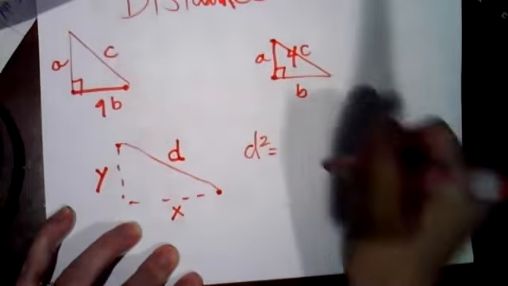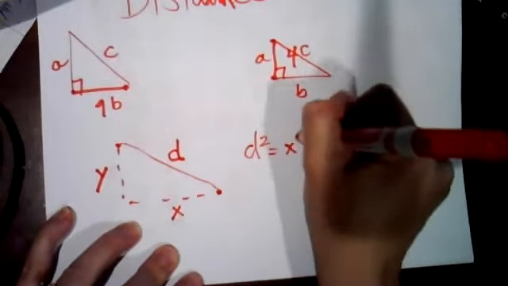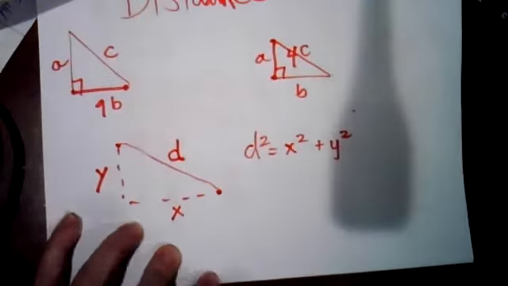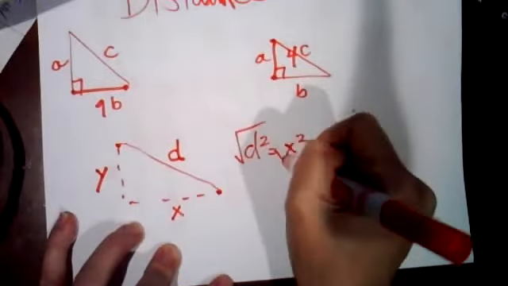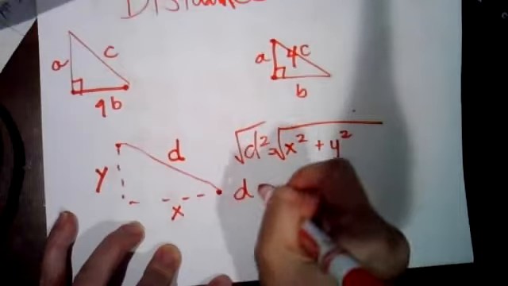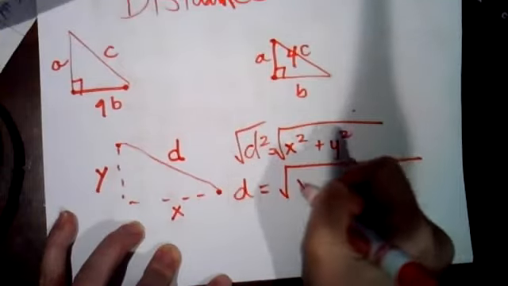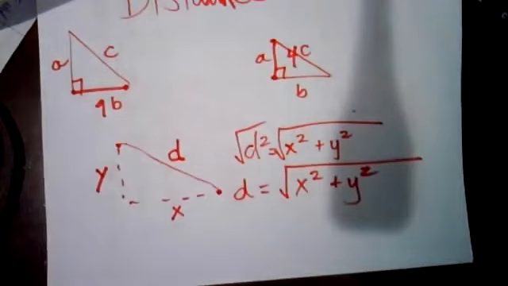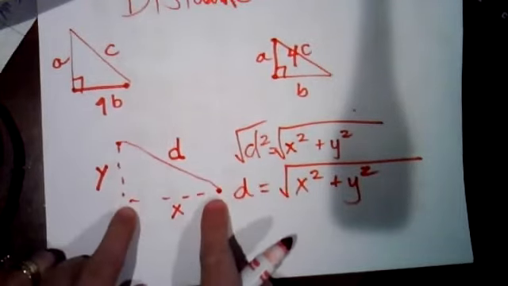Okay, and they are using this formula basically. I'm going to write it like this: x squared plus y squared. And then in order to find d, the distance, what they've done is this. But how would you know that this is x?